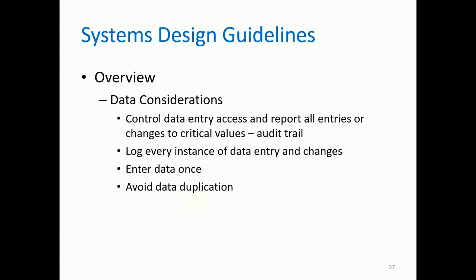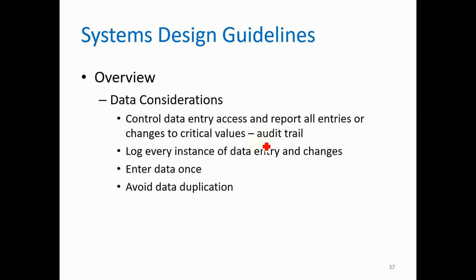So another data consideration: control data entry access and report all entries or changes to critical values. So you need to have an audit trail. You need to control who will be the ones accessing, who has the authority to access the system and edit. And then there should be a log. That's why we have this audit trail.